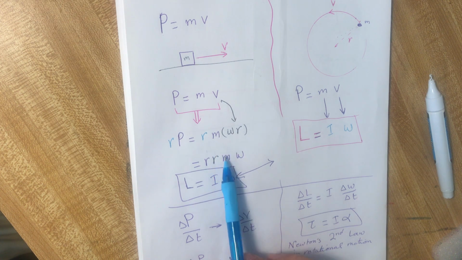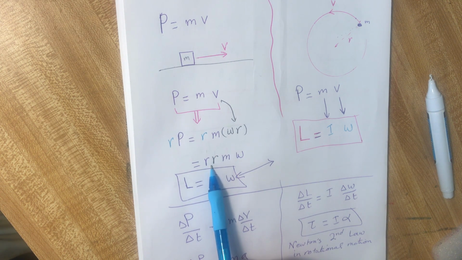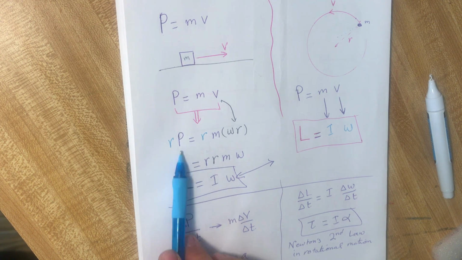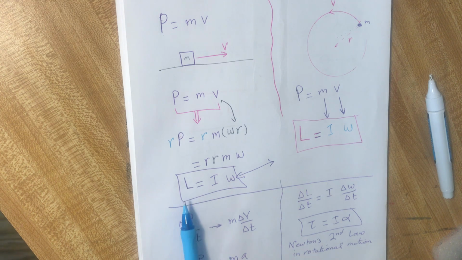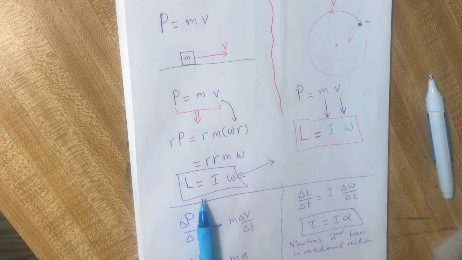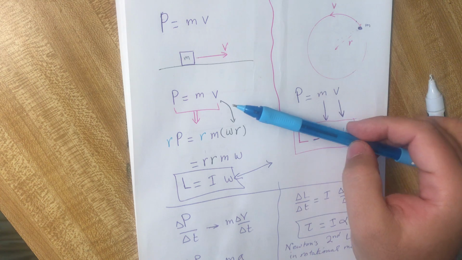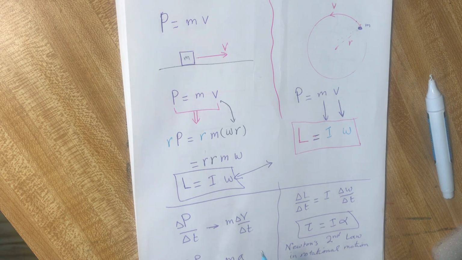Omega is omega, m is m. m multiplied by r squared is the moment of inertia, and r multiplied by p is the angular momentum L. Okay, this is how we can find the formula of angular momentum. It is the same: mass multiplied by velocity. It is the effective mass in rotational motion multiplied by the angular velocity.